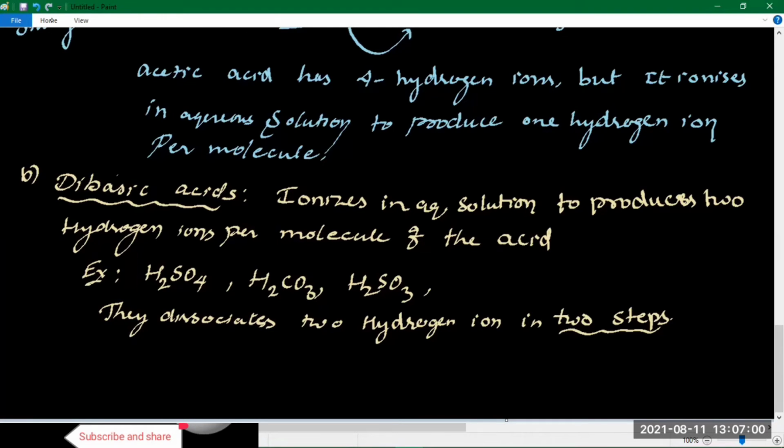Hence they may lead to the formation of 2 different kinds of salts. For example, when H2SO4 ionizes in water, H2SO4 forms H plus and HSO4 minus ion in the first step.